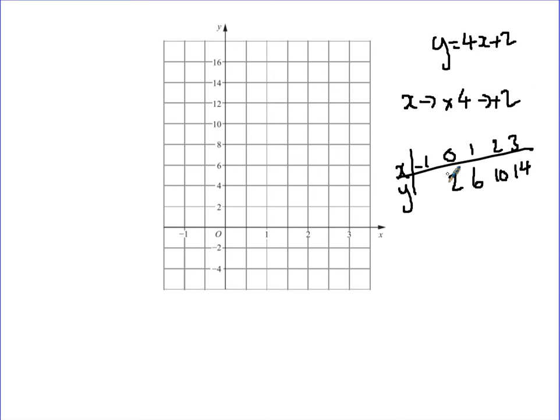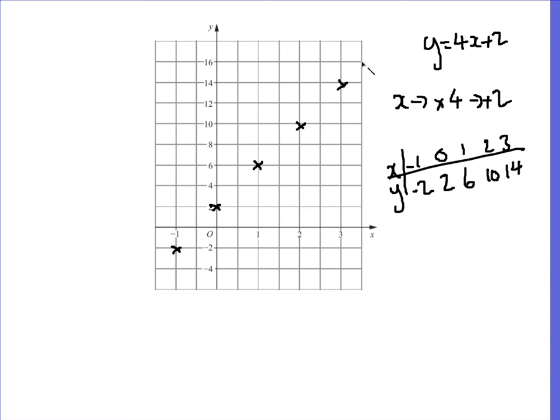And you'll notice it jumping in 4s, so if you take 4 off that, you'll get -2 for this one. So it's -1, -2; 0, 2; 1, 6; 2, 10; and then 3, 14. And then we draw the line straight through there, and that's the graph question covered.